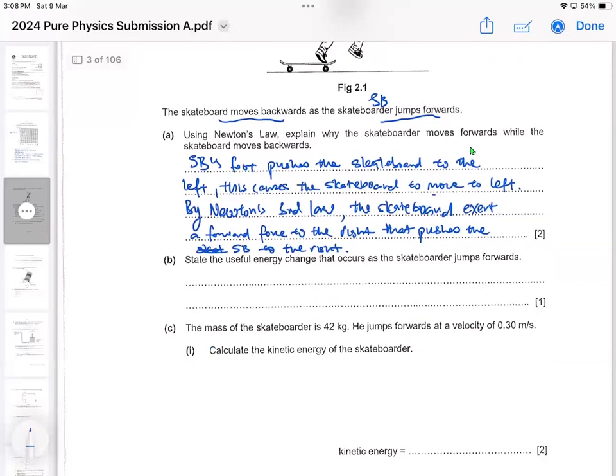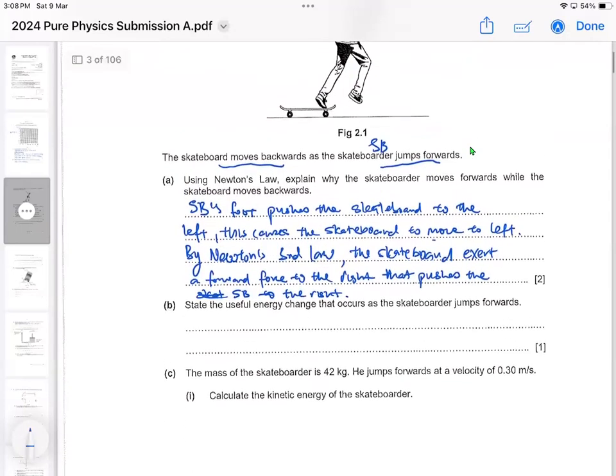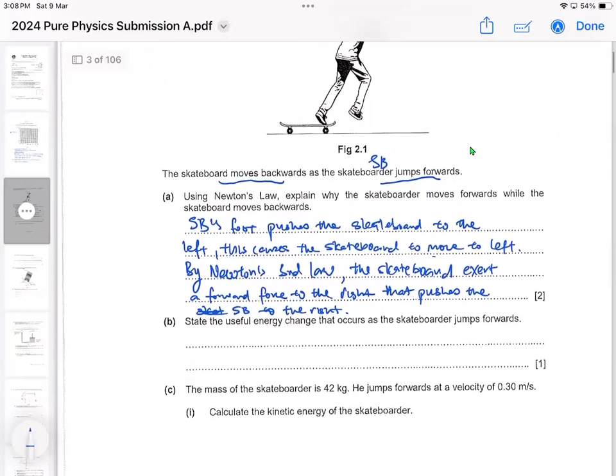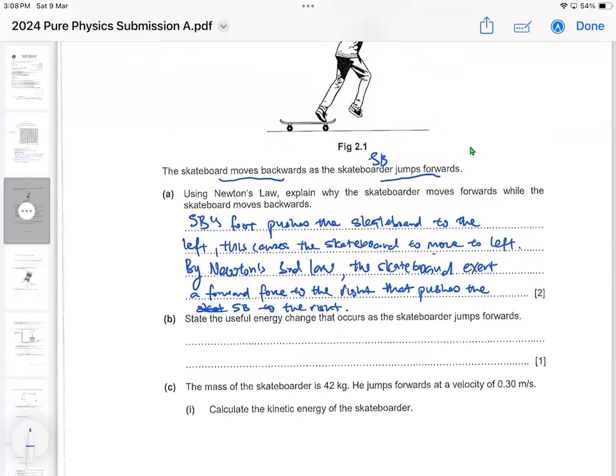Okay, let's look at part B. Useful energy that occurs as the skateboarder jumps forward. So when he jumps forward, he actually gains some height. So it's from his own body, right? So he exerts the energy.